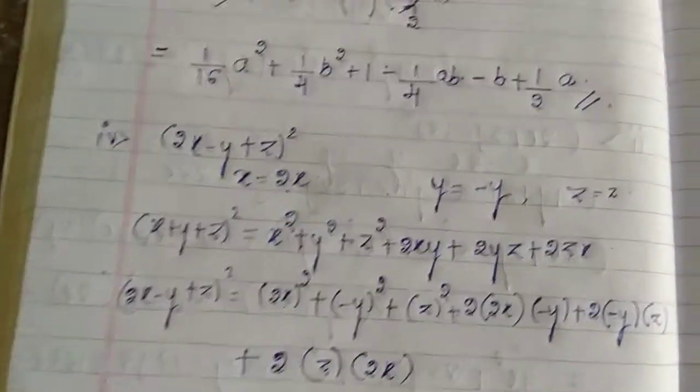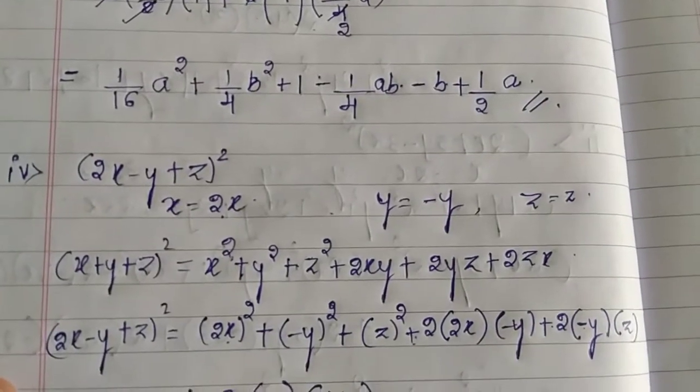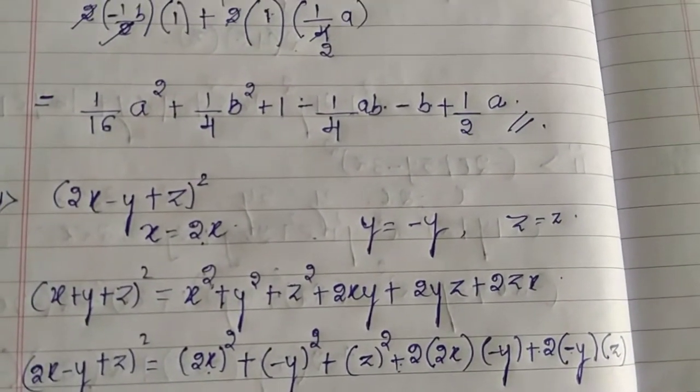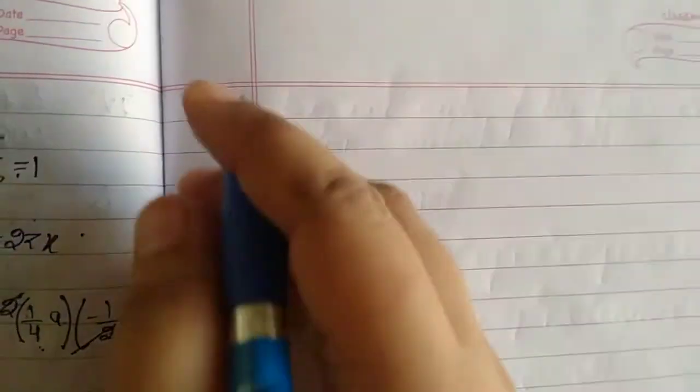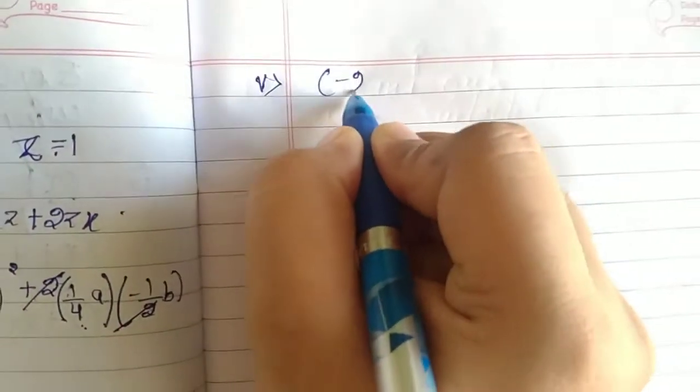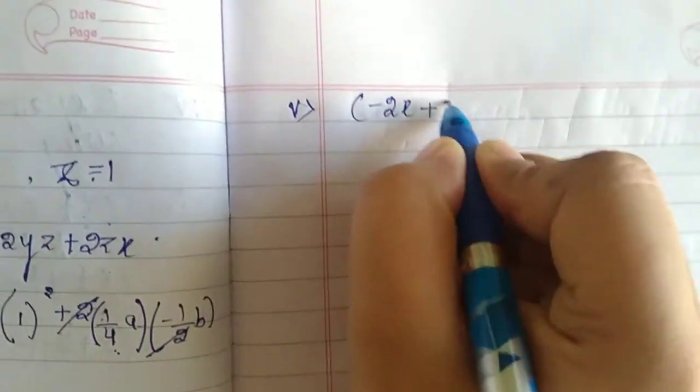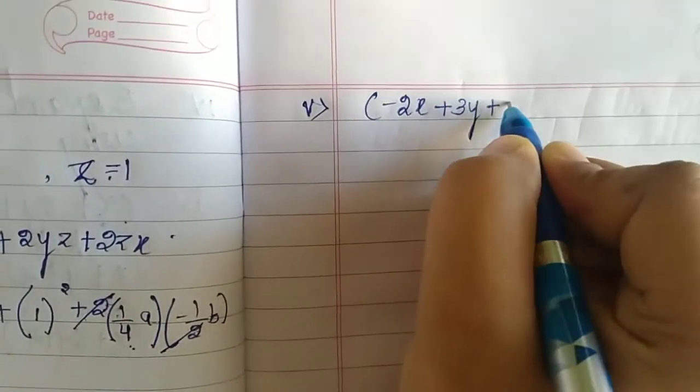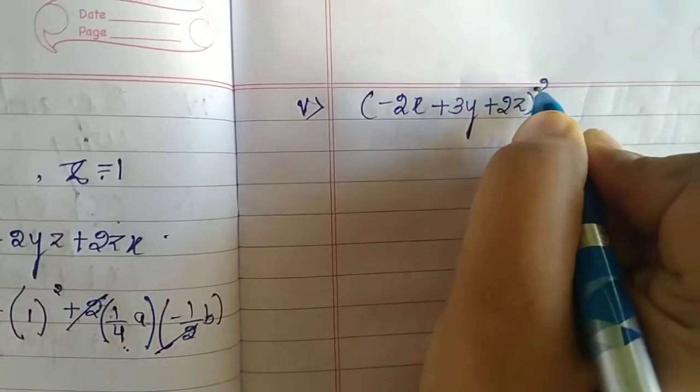Okay, so now we'll move on to the next question. That is the fifth one. Your fifth question is here minus 2x plus 3y plus 2z the whole square.